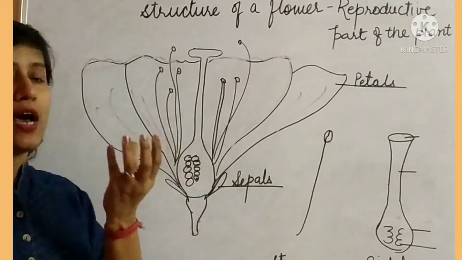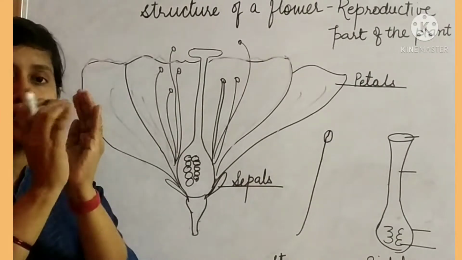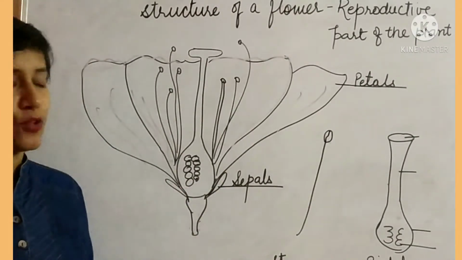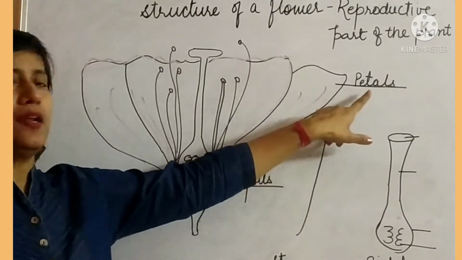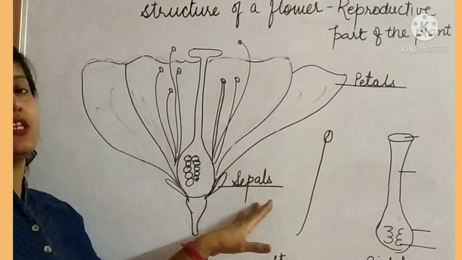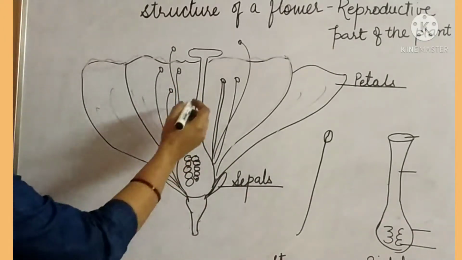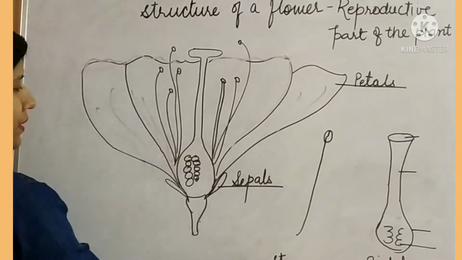Then when the flower is in the bud stage, there is a green colored covering, that is nothing but what is known as sepals. So these are sepals and these are petals. Except these two, there are 2 more parts of a flower. They are known as the stamen and pistil.